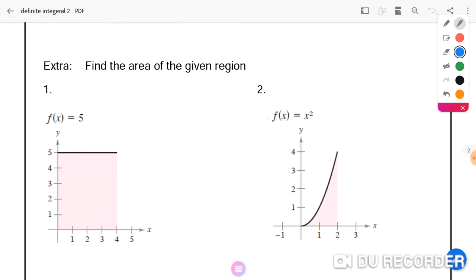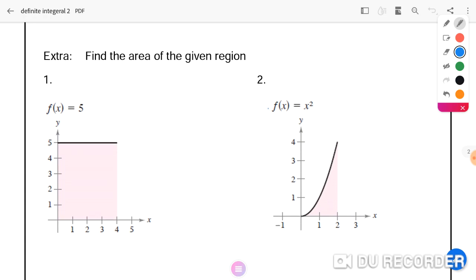For this part, it is so trivial. As I told you before, to find the area of the shaded region, I use the integration. If the shaded region is in the shape of one of the geometric figures, we can apply the geometric formula to find its area.